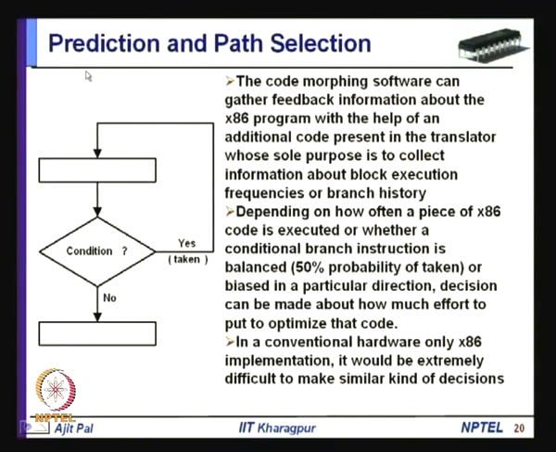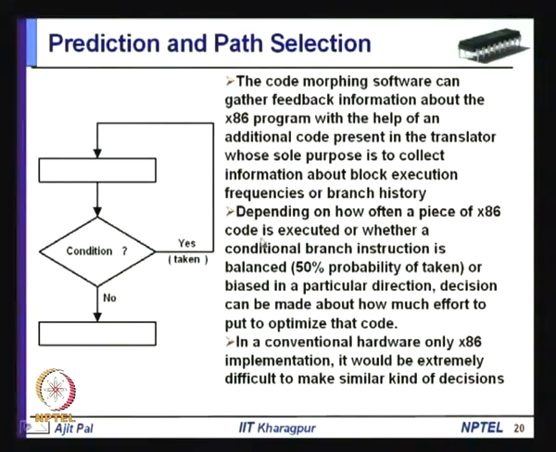So, this kind of filtering is done. Then another important thing that is being done is prediction and path selection. The code morphing software can gather feedback information about the x86 program with the help of additional code present in the translator, whose sole purpose is to collect information about block execution frequencies or branch history. Here, a kind of branch prediction is done.